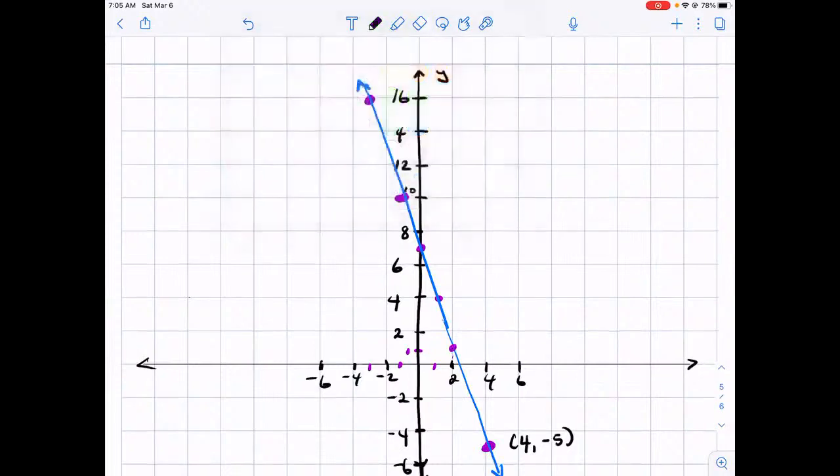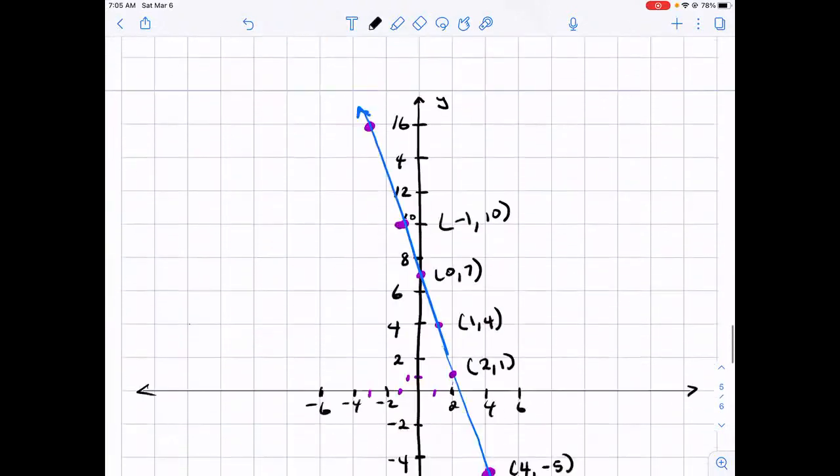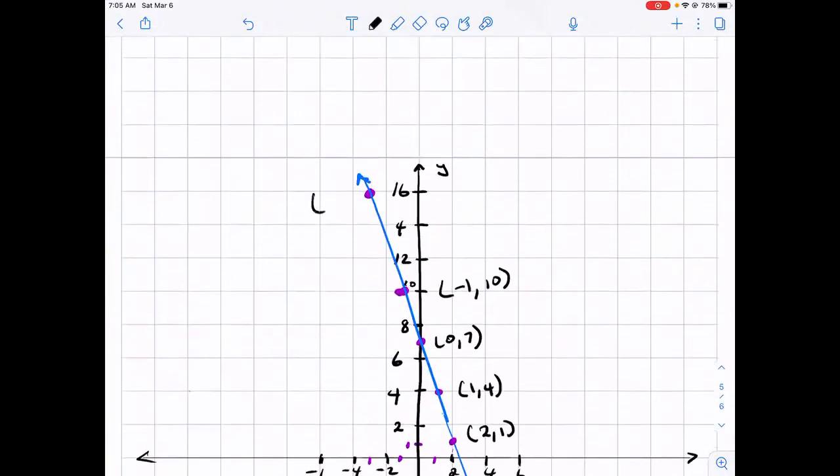So let's write them in now. So here we have 2, 1. This is the point 1, 4. This is the point 0, 7. This is the point -1, 10. Let's just make sure that that was the point, yes. And this is the point -3, 16.